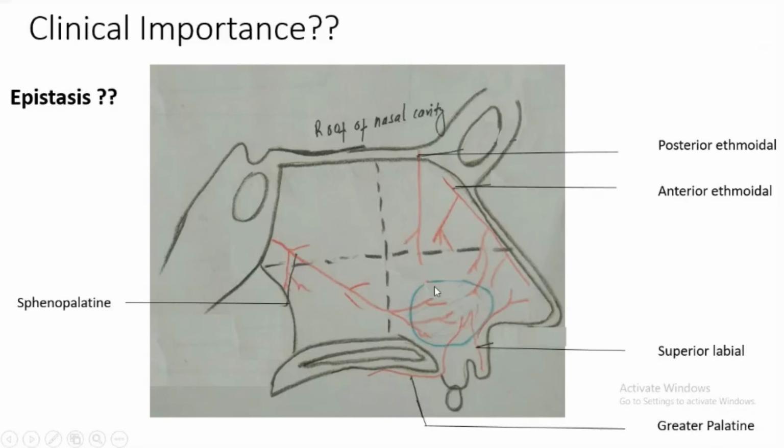This area is called Little's area or Kesselbach's area, and it is the most common site of nasal bleeding, and nasal bleeding we call epistaxis. So it is very clinically important, and we should manage it carefully because it can lead to much bleeding and cause more complications.